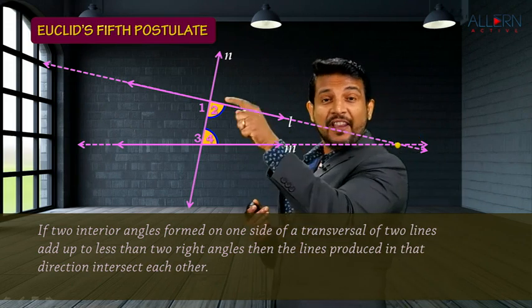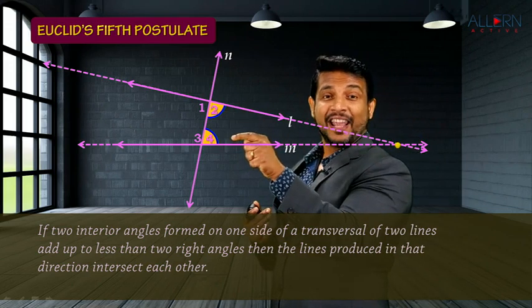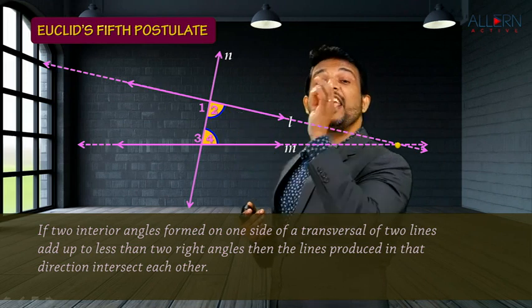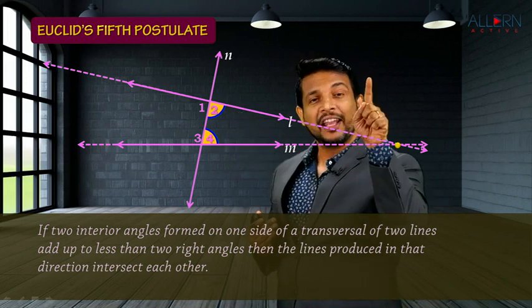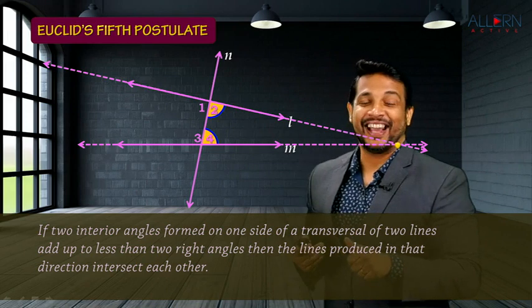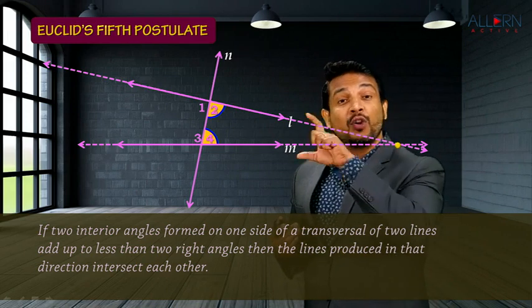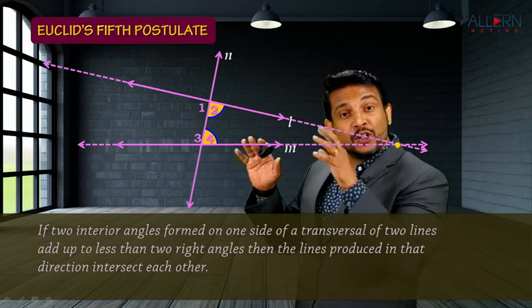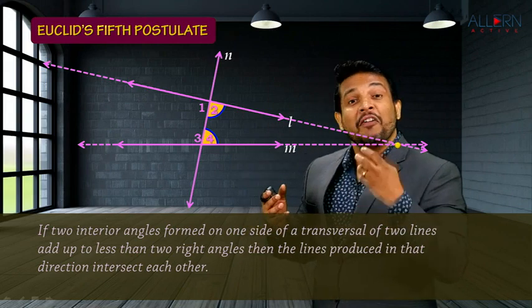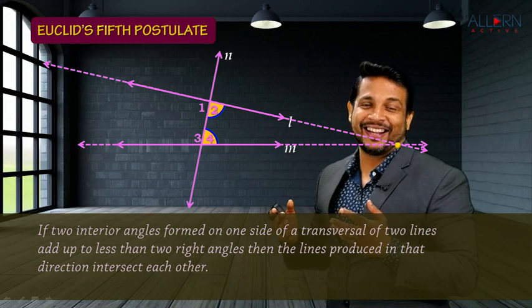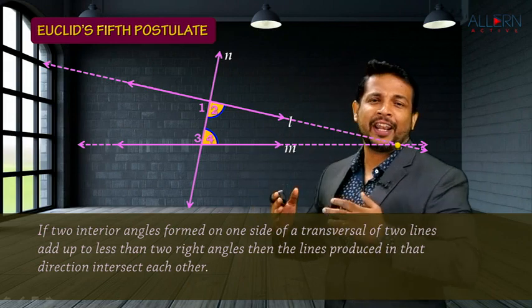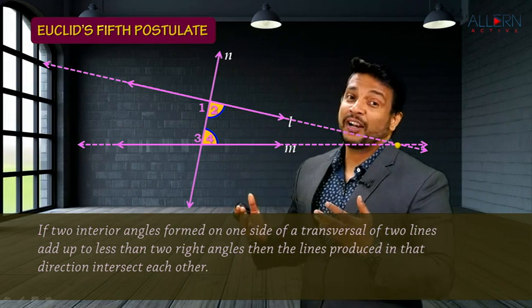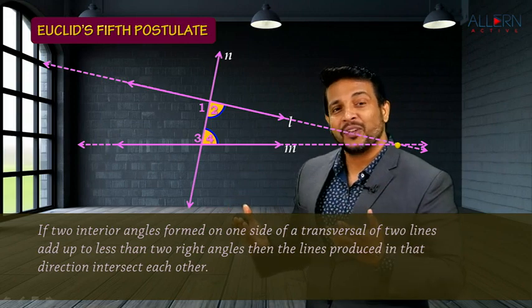Now, if we have the interior angles and their sum is equal to 180, then these lines will not intersect and they will become parallel. They will go on extending, they will become parallel. That is how from this postulate itself we understood when lines are said to be parallel, right? And that is all because of the great Greek mathematician Euclid, who is considered the father of geometry. So wasn't that easy?